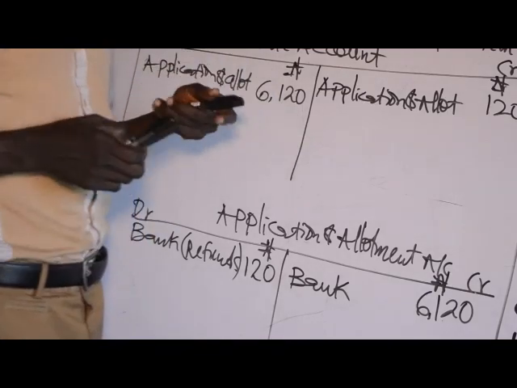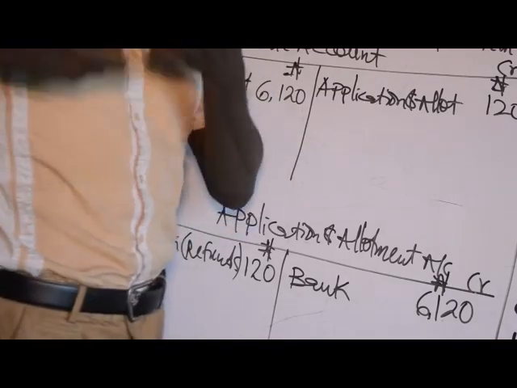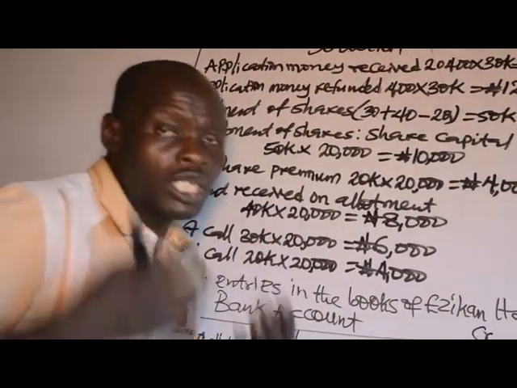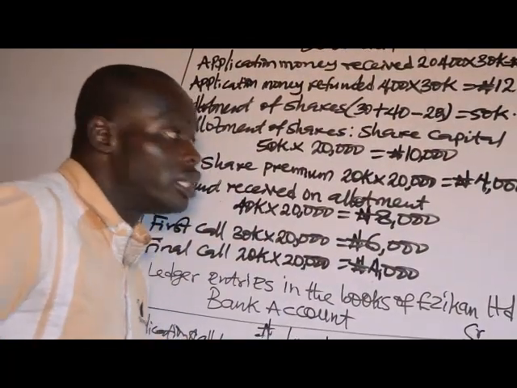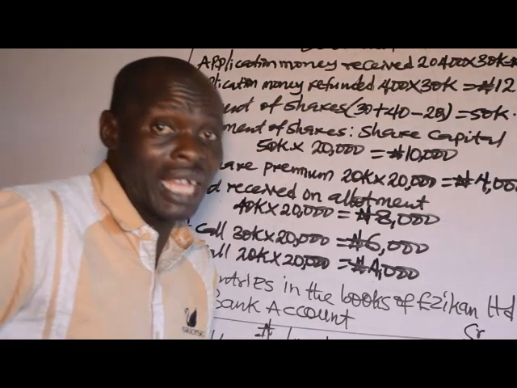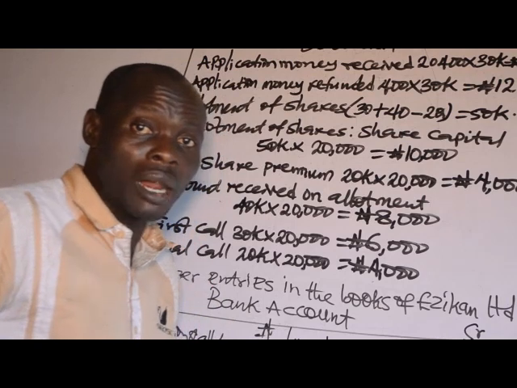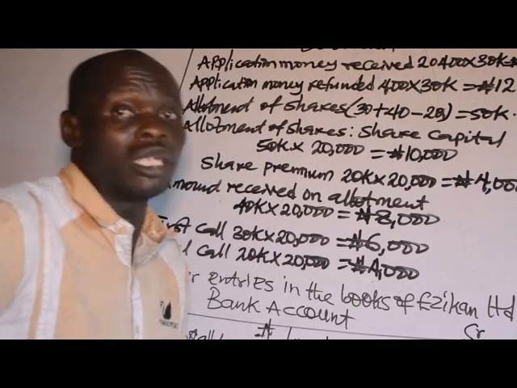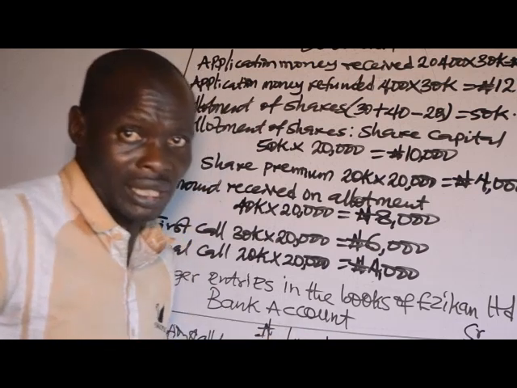Then the next thing: the applicants have applied for shares. Since they have applied for shares, the entity will now allot the shares to the applicants. Remember, I told you that allotment is the process by which shares are distributed to the applicants.